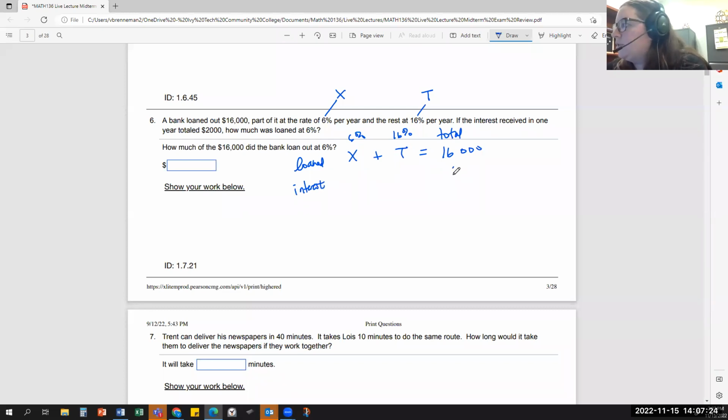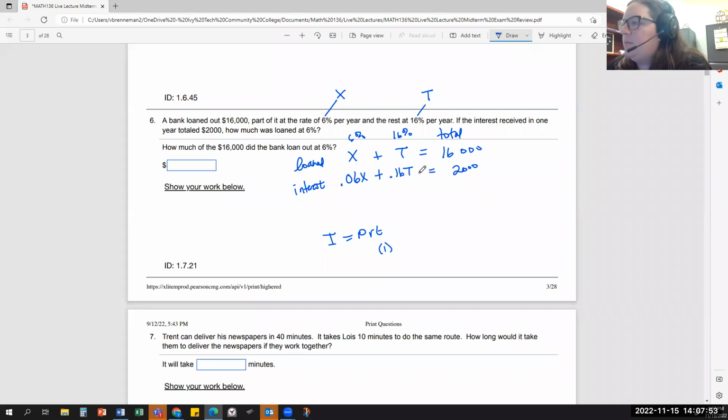The total interest is 2,000, and I'm using basically I equals PRT, but T is 1. So I'm taking the principal, the amount loaned, times the interest rate, decimal form of the interest rate. So 0.06 times X, that's the interest earned on the 6% amount. And then 0.16 T is the interest earned on the 16% amount.